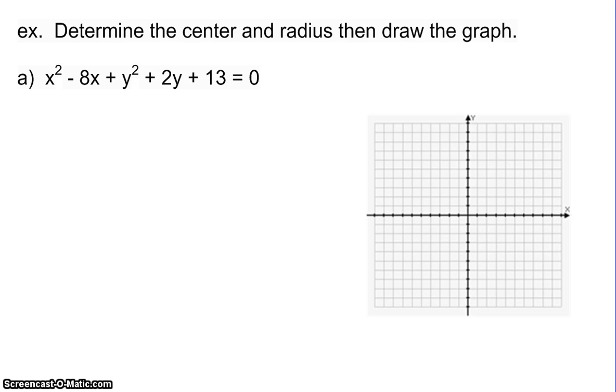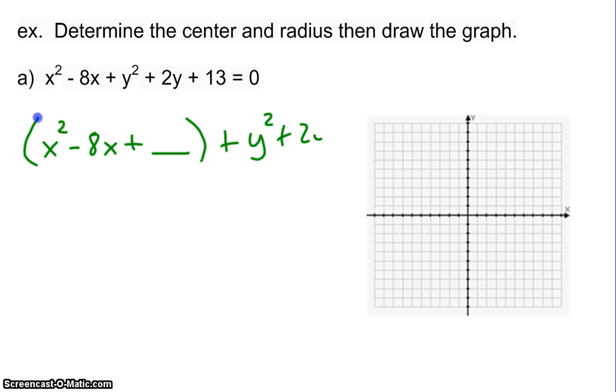And one of the common things that we would have to do with this is completing the square, because we need to turn it into that formula. So we're going to group our x's together, and I'll explain why I have that like this in a second. And then we're going to group our y's together, and then we're going to move the 13 to the other side.